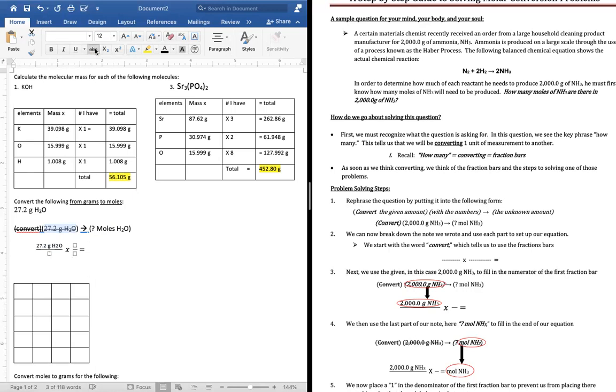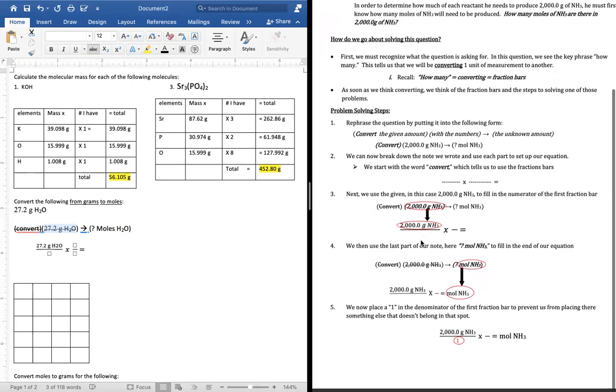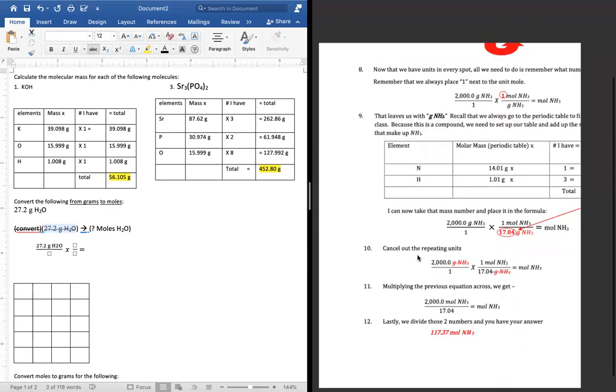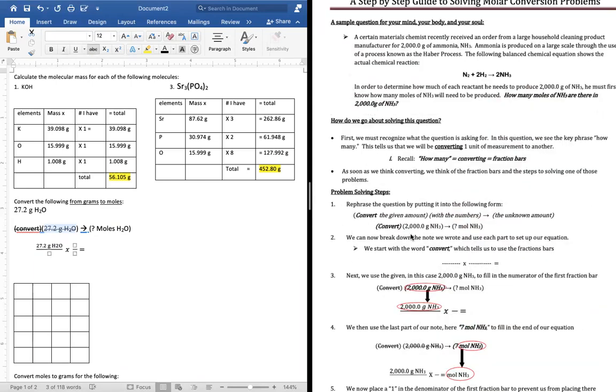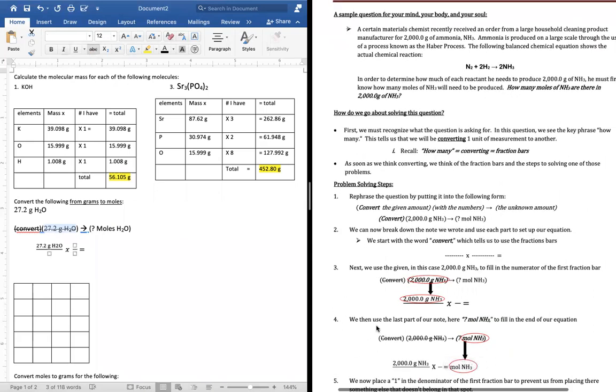This part of the note has gotten me some work done. Now I look at my note and I've got one thing left that I can do something with. What do I always do with this? I go on to step number 4. Step 4 is to take this last part of the note and put it at the last part of my equation. I just take it and drop it into the back of the equation there.